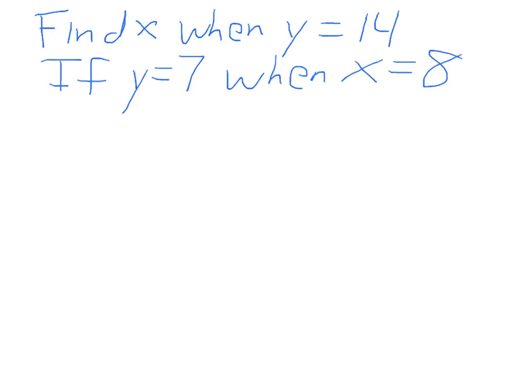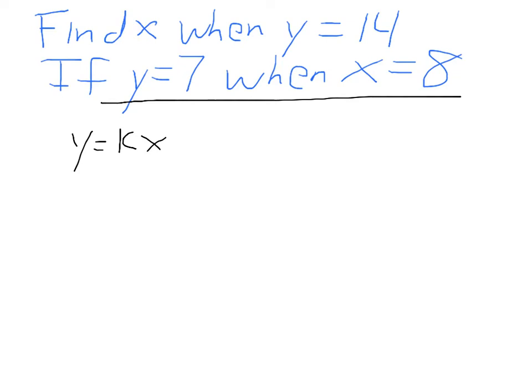Okay, so let's take a look at how this one works. Now, this one's a little different. Out of curiosity, what did you get? X equals 15. Okay, variety of answers. Let's see. I'll start with y equals kx. I'm going to use what I'm given.